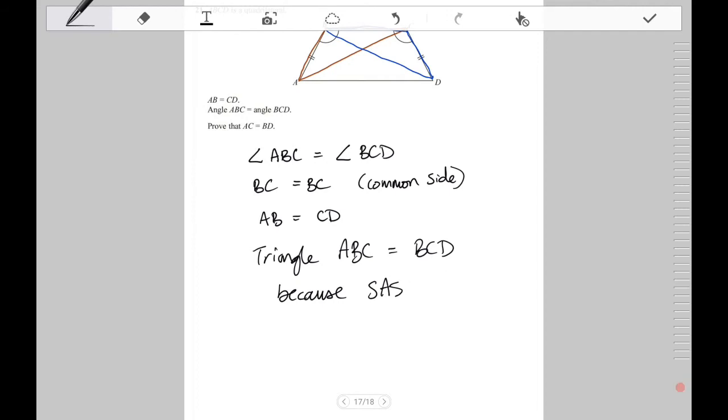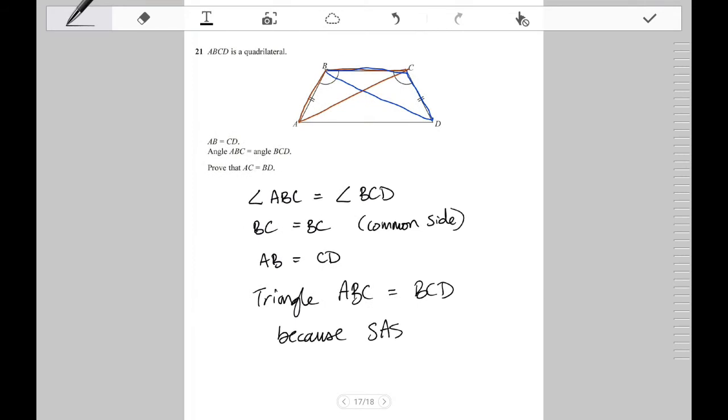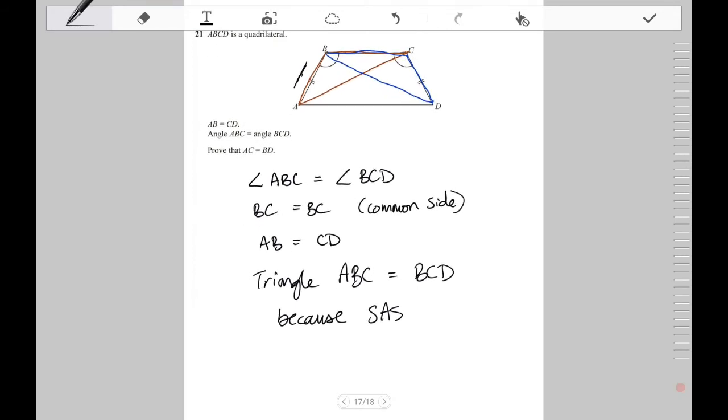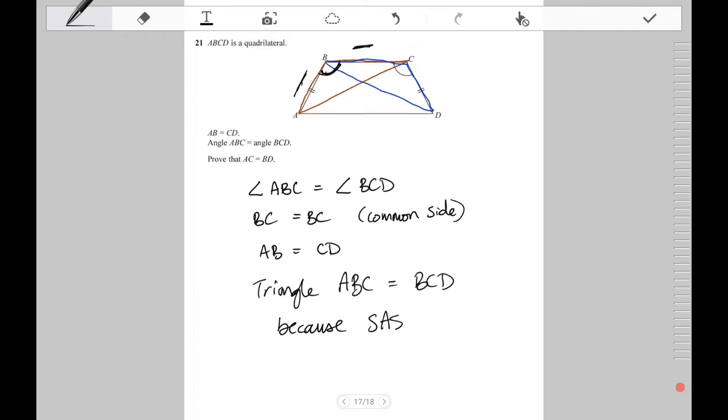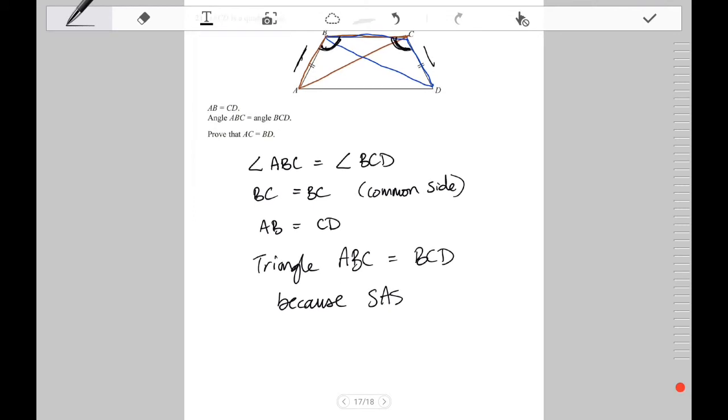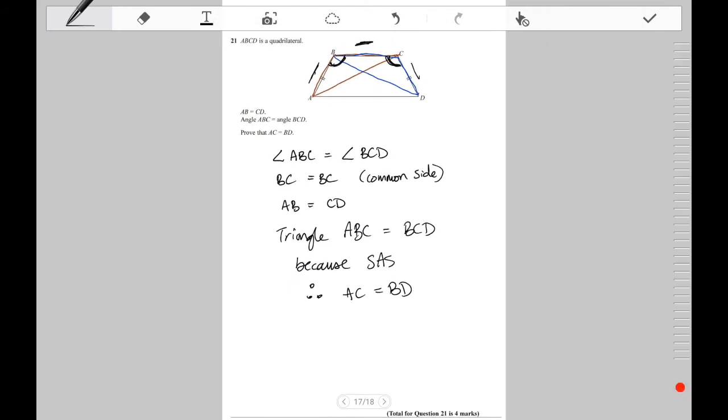There's a same side here, and then the angle in between them is the same. Same thing with this, it's the angle here, and then the side on each side is the same. So because of that, you could say therefore AC equals BD, and it's as simple as that.